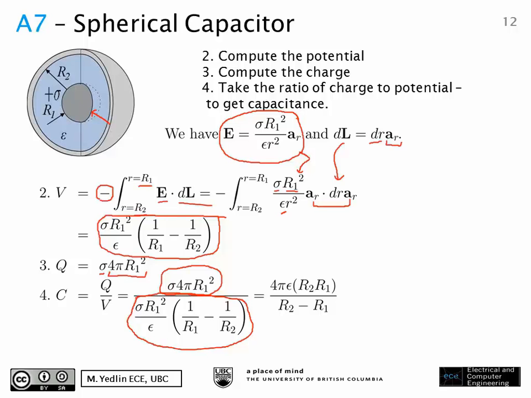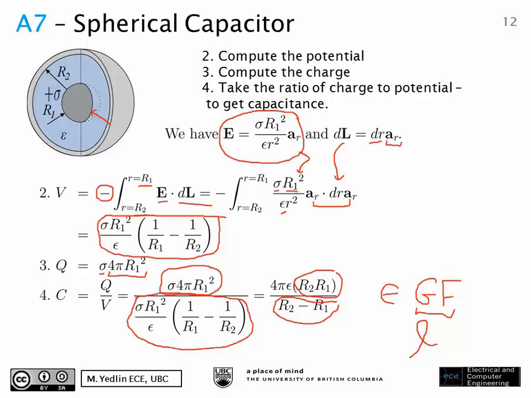Does this work? Is it dimensionally right? Yes, we have length on the bottom, length squared on the top. So we have that general result of the permittivity times the geometry factor. I'll call it GF. And that has units of length.